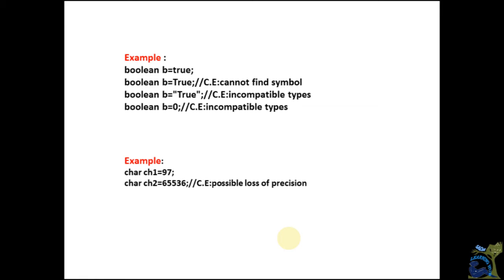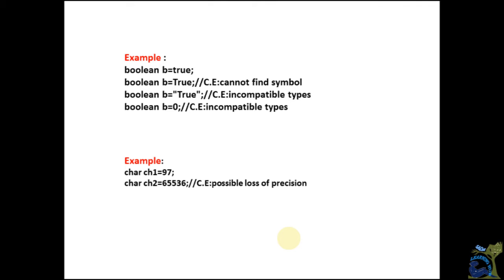Boolean b is equal to True, with a capital T, gives cannot find symbol, meaning Boolean accepts lowercase true and false. Boolean b is equal to "true" is a string, an incompatible type. Boolean b is equal to 0 is also an incompatible type.